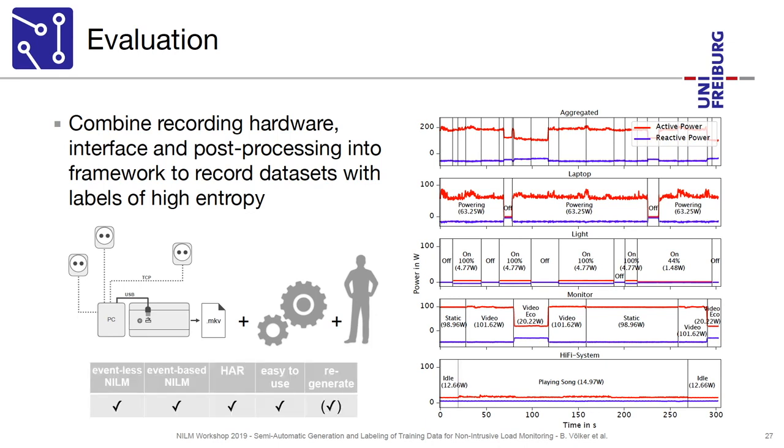You can use this dataset to apply to event-less NILM approaches, to event-based NILM approaches, and also to human activity recognition approaches where you want to precisely know what the device is currently doing at the moment. And of course, it's easy to generate, as I've shown you, and to regenerate.